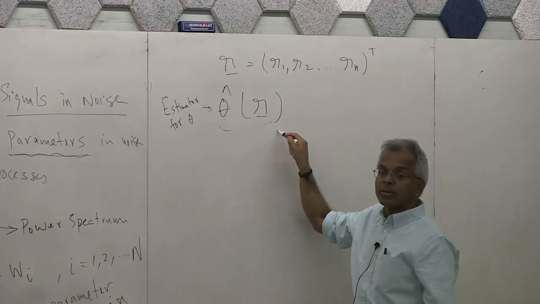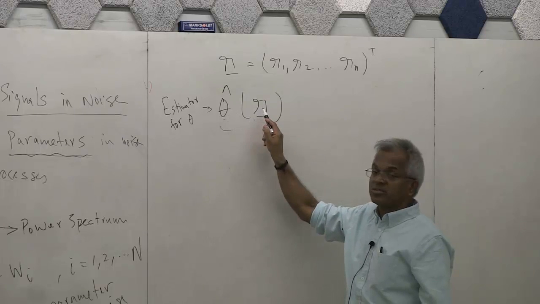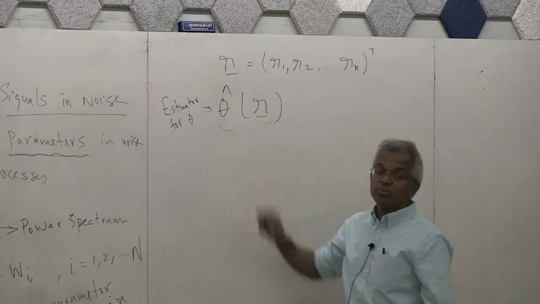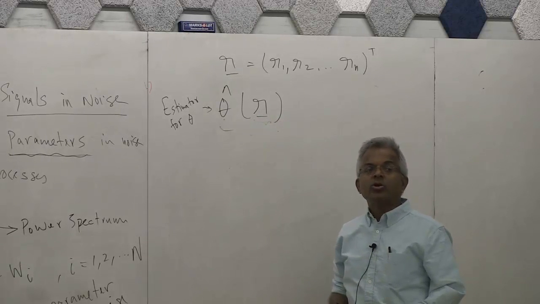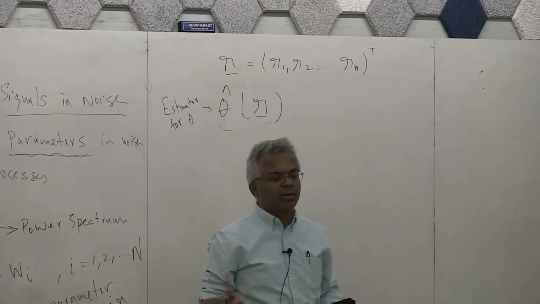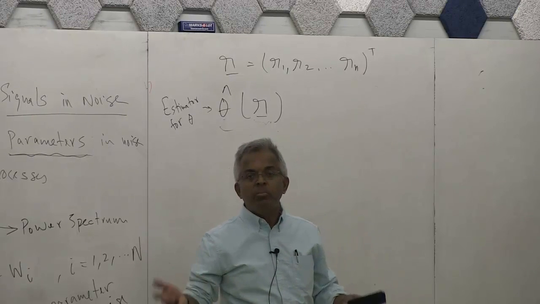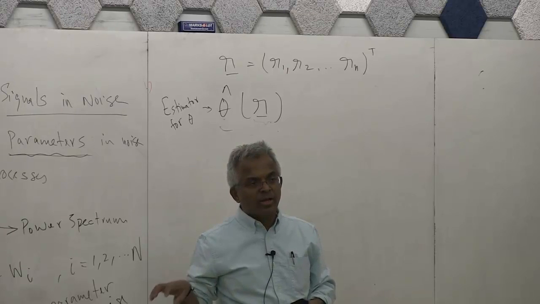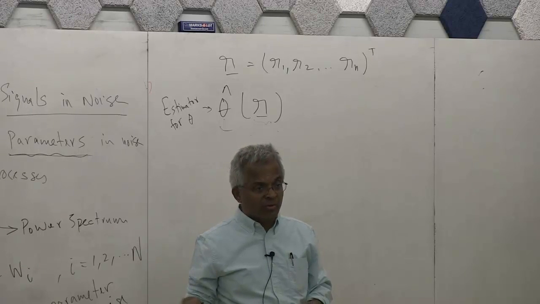Look at here, this estimator is a function of the data and the data is random. So the estimator also is always random. So it makes sense to talk about the properties of a random variable that you studied, mean, variance, etc. We will do all that in this context because here it is meaningful.